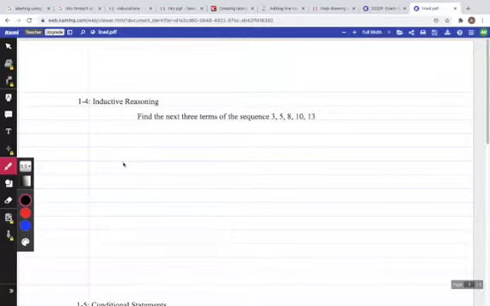So, the big thing with 1.4 is inductive reasoning, and it allows us to identify various patterns that are going on. Sometimes those patterns are obvious, sometimes they are not.